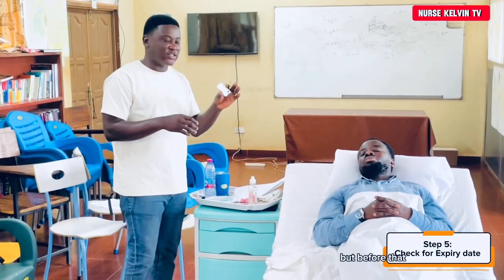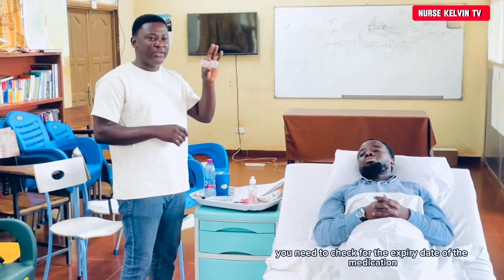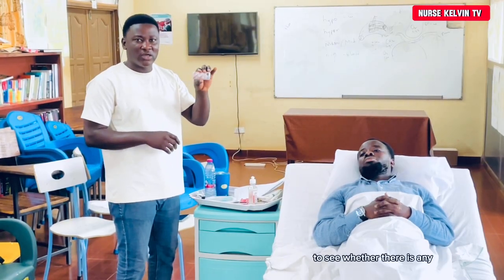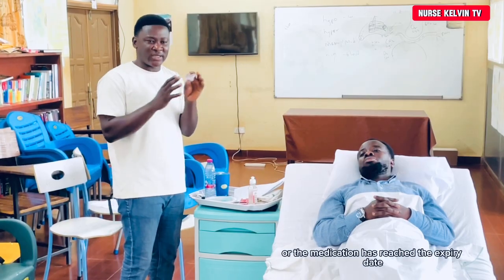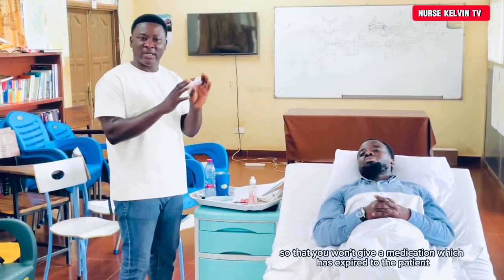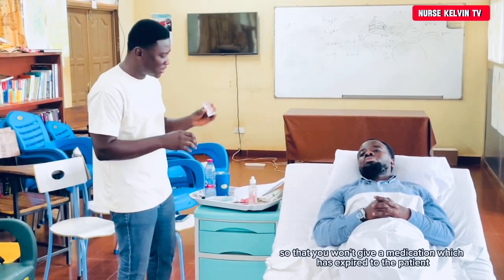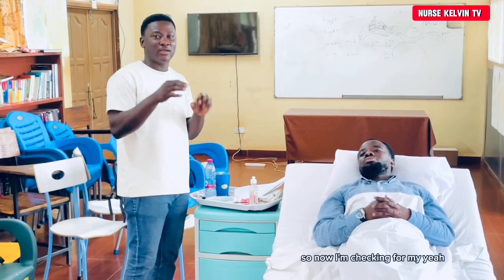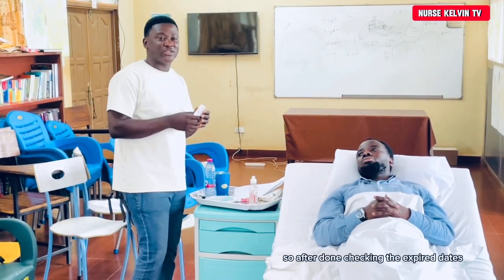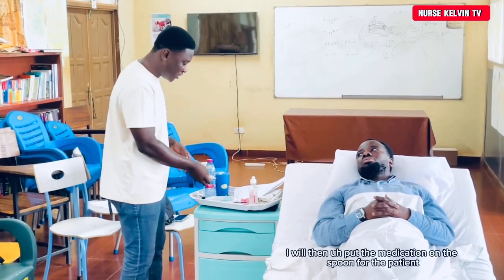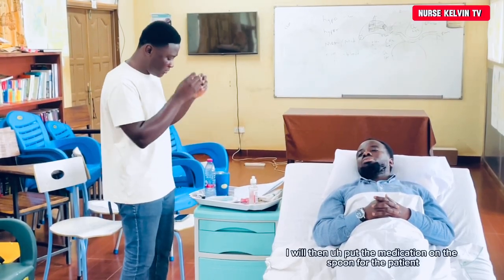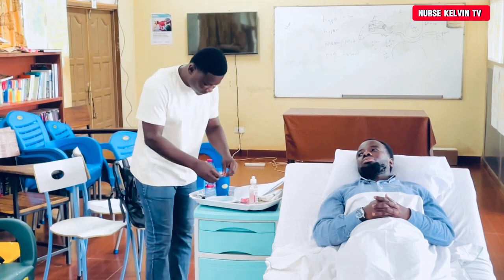But before that, you need to check the expiry date of the medication, so that you won't give a medication which has expired to the patient. After checking the expiry date, I will then put the medication on the spoon for the patient. This is how I'm going to do it.